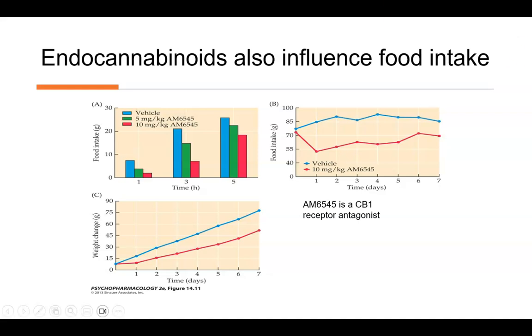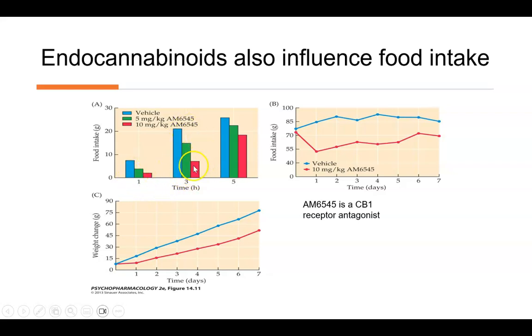You're looking at rats that were either given a vehicle, a dose of 5 milligrams per kilogram of AM6545, which is a CB1 receptor antagonist, and then 10 milligrams per kilogram of AM6545.